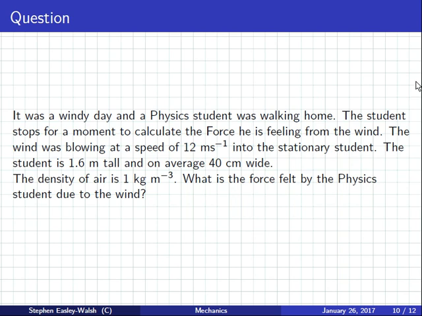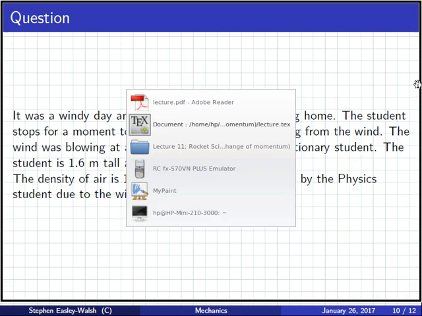Okay, so student walks home, student stops, they feel the wind pushing against them, and they want to know what is this force. So let's calculate this. I'll draw it first for you. Here is our student.